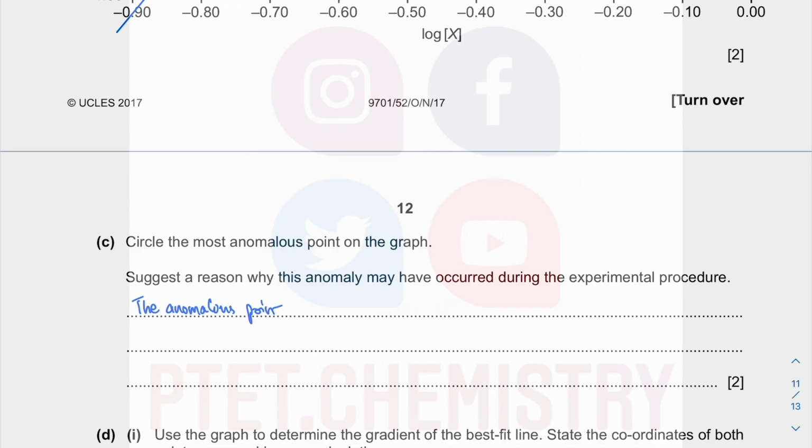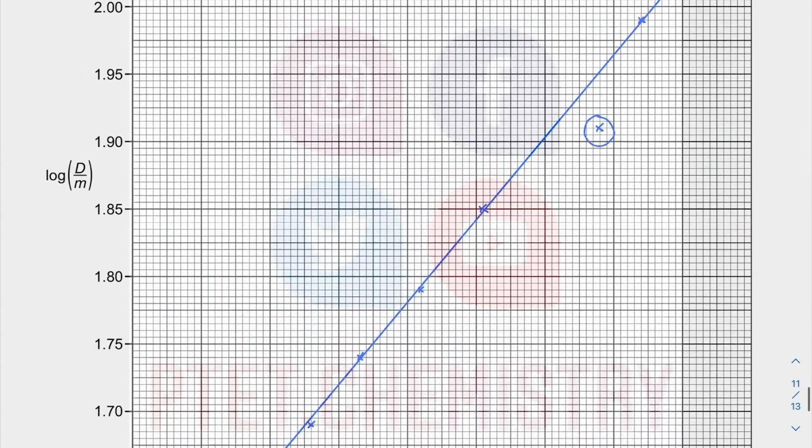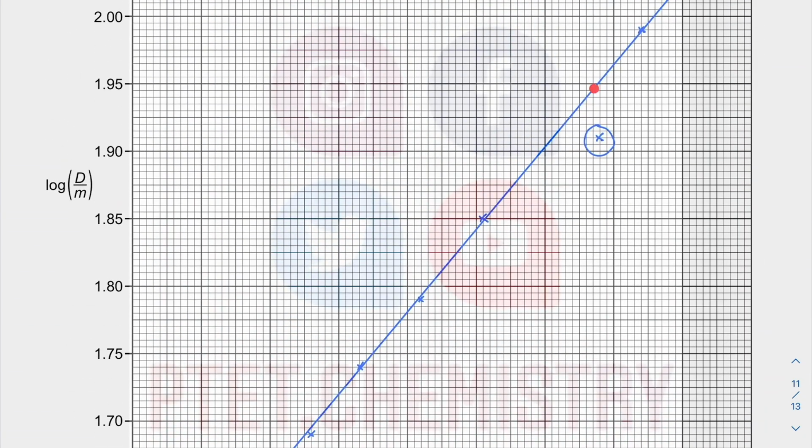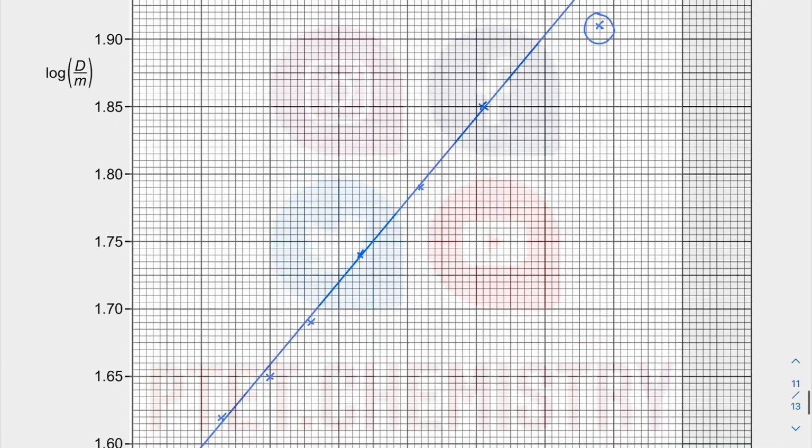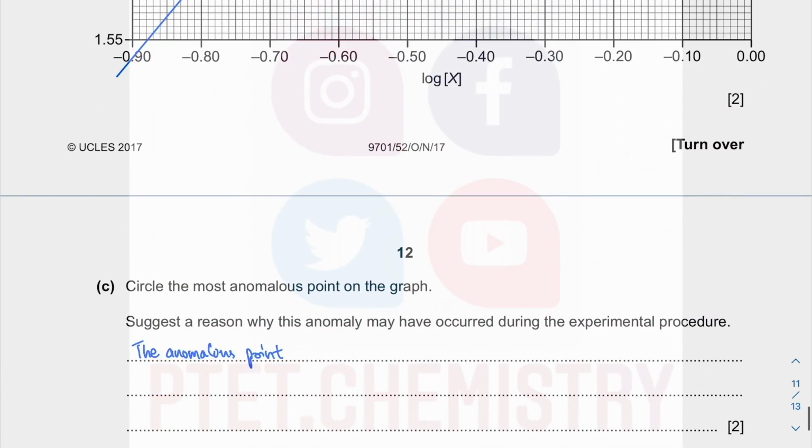So we can see that the anomalous point, if you look back at it, should have been here, but it is here, so it is below where it should be. If there's the x value, it should have been there. So this value recorded is below where it should be on the line.